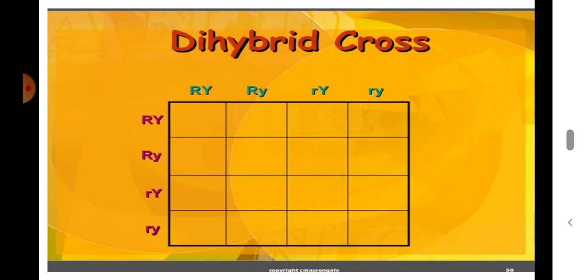Then we put these gametes in a Punnett square. This Punnett square was developed by Punnett, and we will study it later.